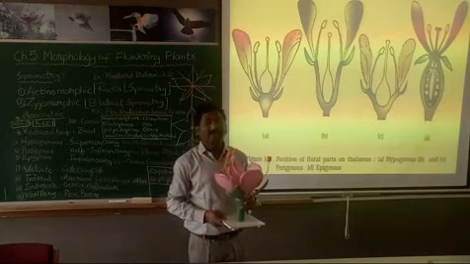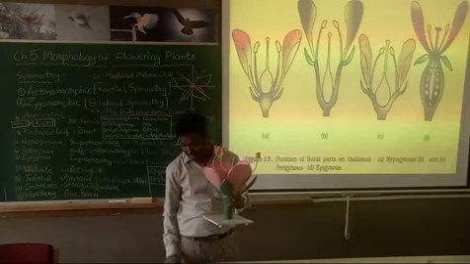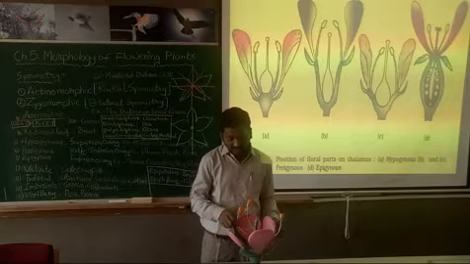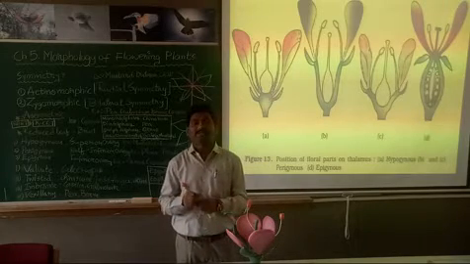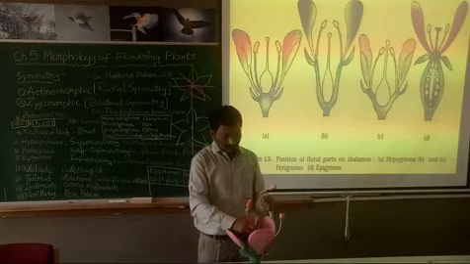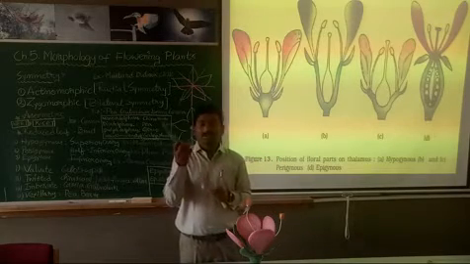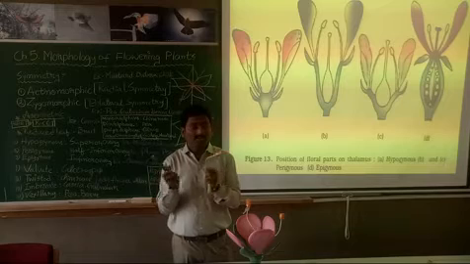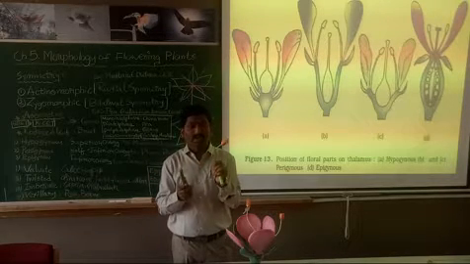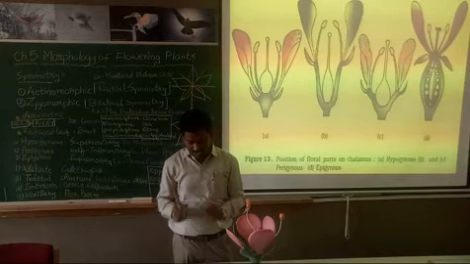You can take the example hibiscus. Hibiscus is the example for bisexual flower. At the same time, you can see some flowers which consist of only stamens or only carpels. Both together won't be present in some flowers. Either stamens are present or only carpels are present.